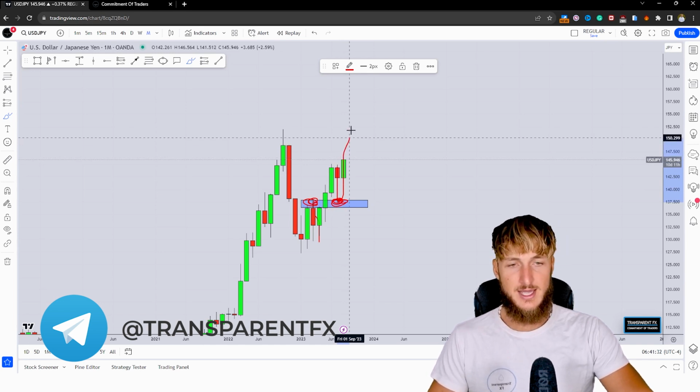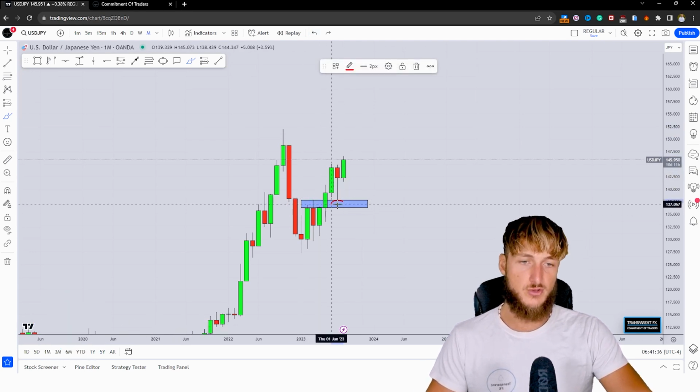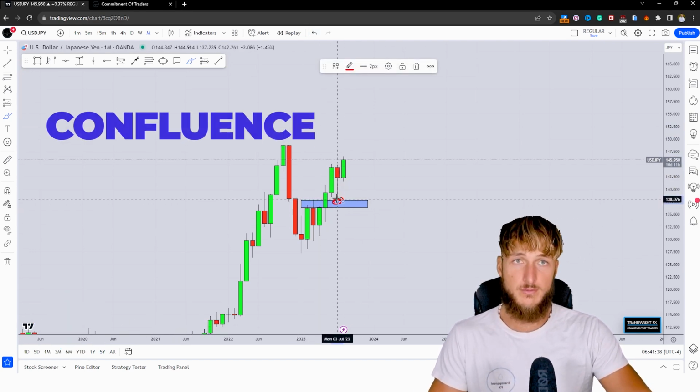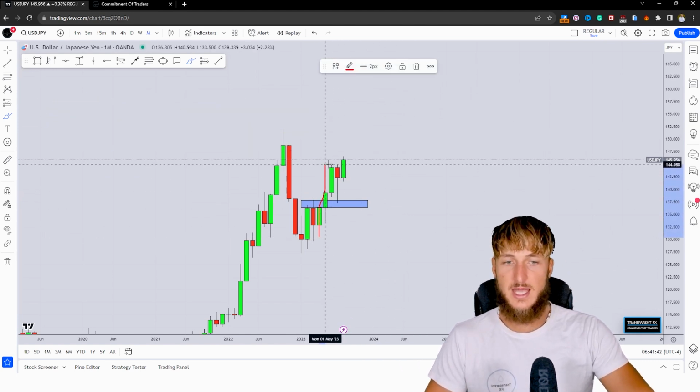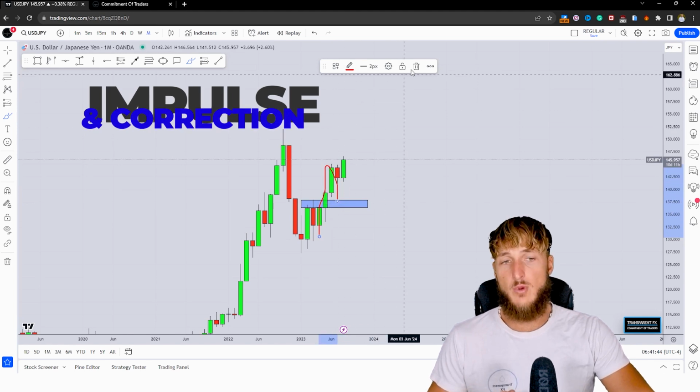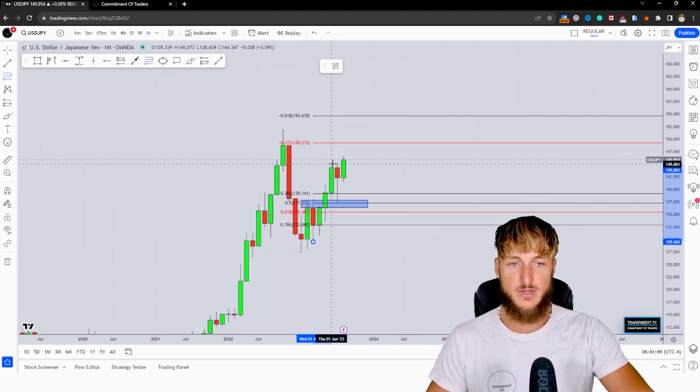would expect in a situation like this, because this was not only previous resistance turned support, but it was actually a confluence of support, because from a pattern standpoint, as we had this impulse and correction, if we want to measure the correction, we have to take our Fibonacci from the low to the high of the impulse leg.